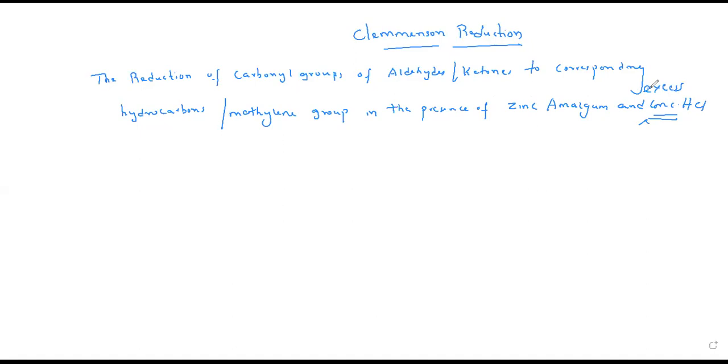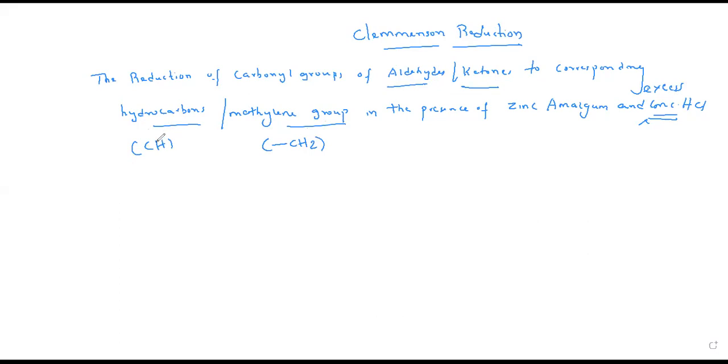So in Clemmensen reduction, what happens exactly? It is concerned with the reduction of carbonyl groups of aldehydes or ketones to corresponding hydrocarbons or methylene group. You know, the general formula for methylene is CH2. Hydrocarbons generally include carbon and hydrogen atoms.